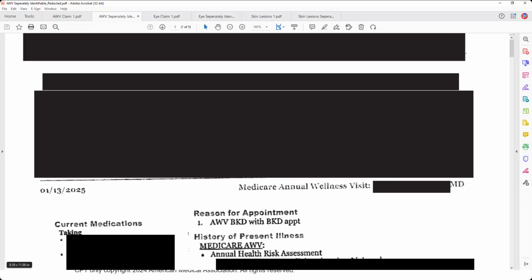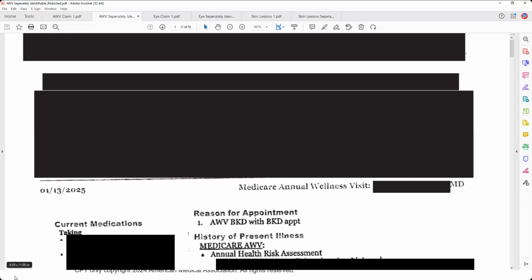You can take a claim and look at the documentation and take everything out that relates to that procedure, the injection, the EKG, whatever it may be, and do we have enough left to bill the annual wellness visit? In this case, we didn't. There just wasn't enough information left.